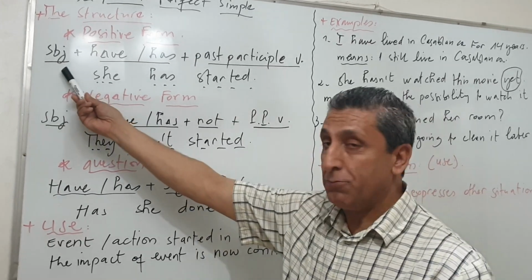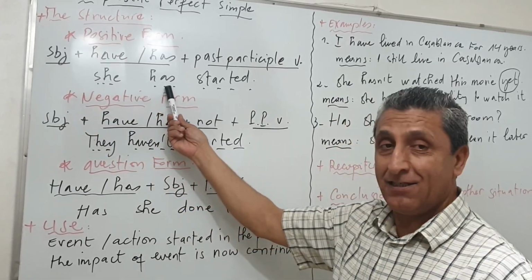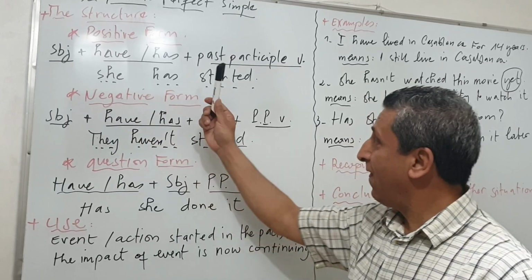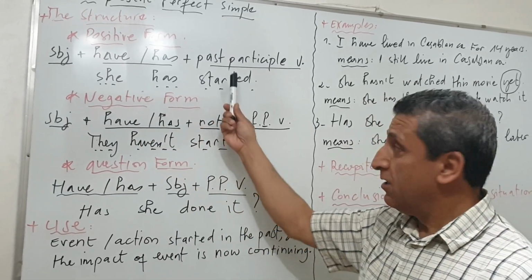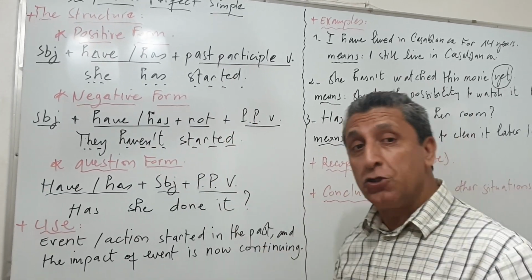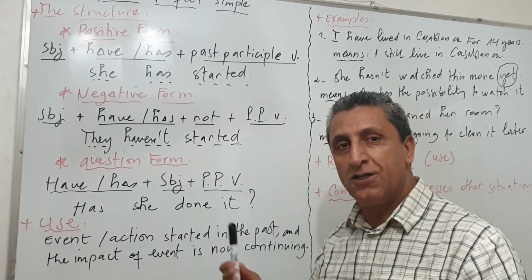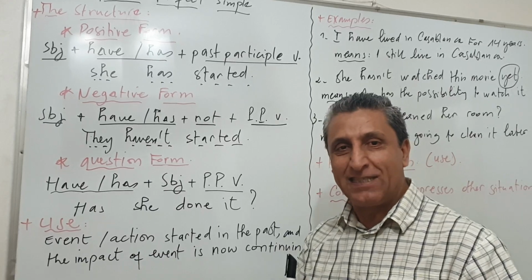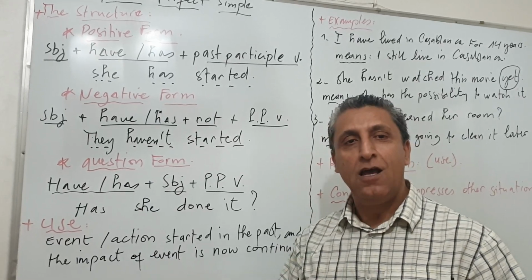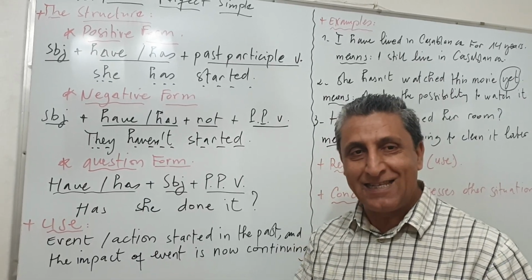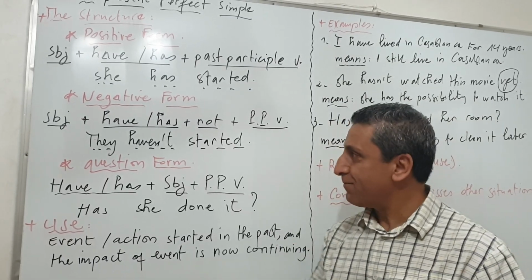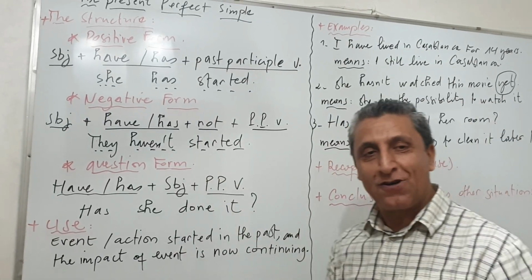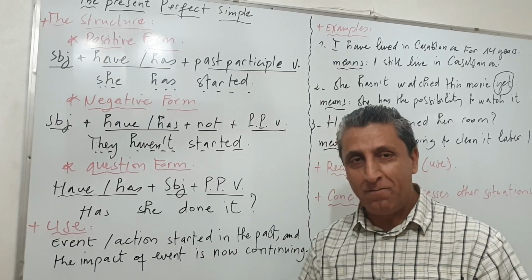She, subject, has, verb to have, started is the past participle of the verb to start. Of course, start is a regular verb, and the past participle doesn't change, it's the same form as the past simple. So it's ending in ed. Okay, so this is for the positive form.